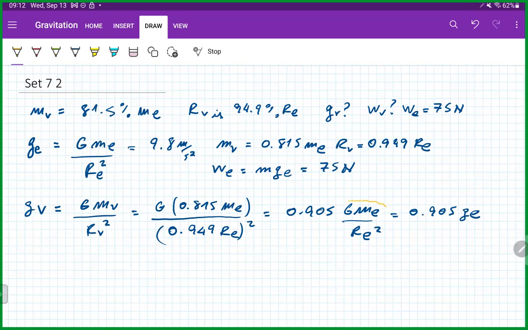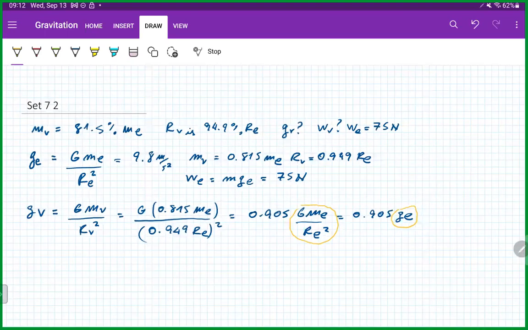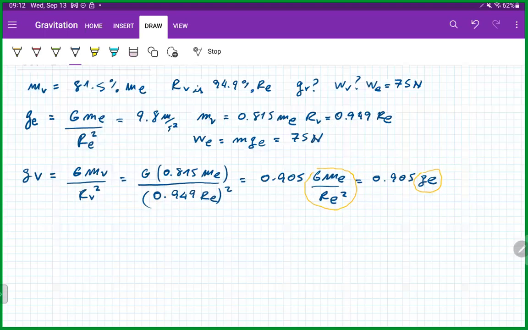So this is basically what we have here, right? So that's g. Right? And we have the gravity of Venus in terms of the gravity of the Earth. So you can calculate that. And then you have the weight of the rock in Venus would be g in Venus, and we know the acceleration of gravity in Venus, which is 0.905 the acceleration of gravity of the Earth.